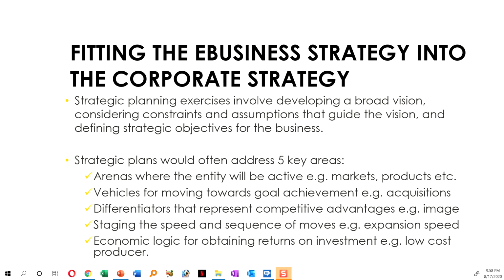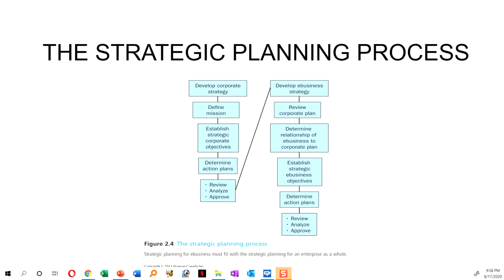A strategic plan would often address five key areas: arenas where the entity will be active, in other words the market; vehicles for moving towards goal achievement, such as acquisitions; differentiators that represent competitive advantages; staging, the speed and sequence of moves; and economic logic for obtaining returns on investments, low cost producer, let's say. So here would be a strategic planning process. You might be questioned on this somewhere along the way, so it's a good idea to pay attention to this.